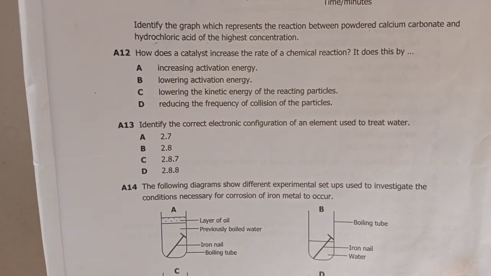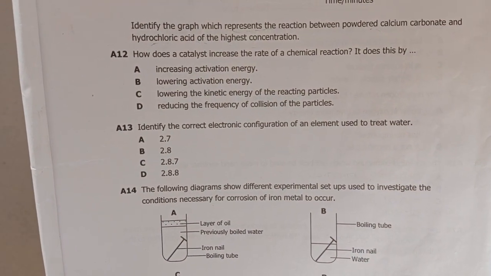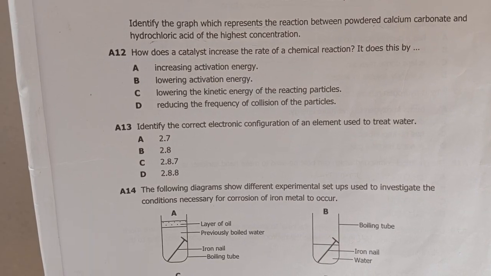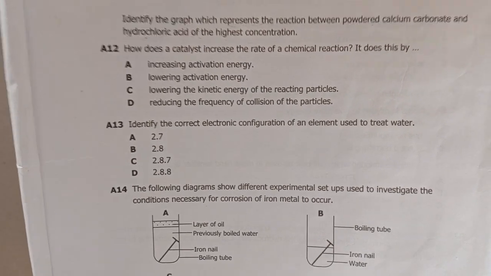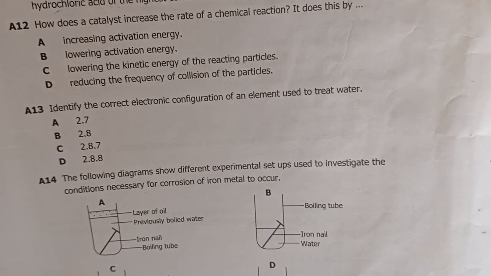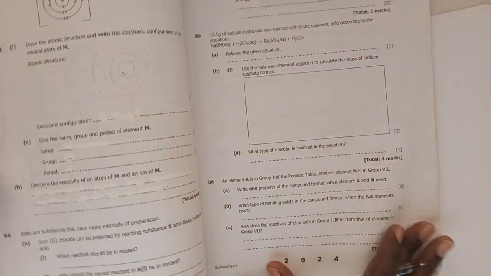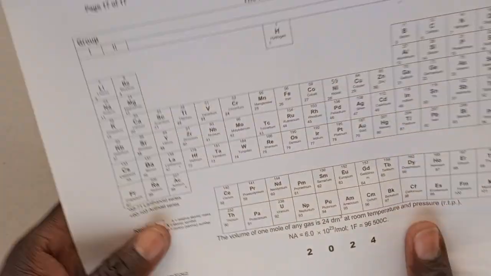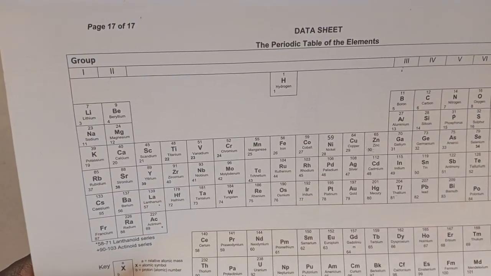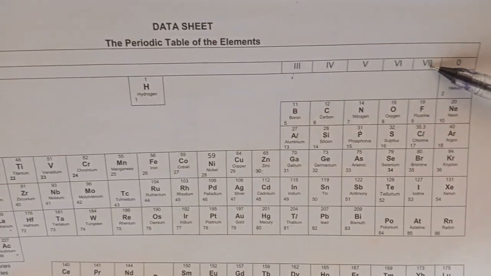What about question 13? Question 13 reads, identify the correct electronic configuration of an element used to treat water. So the question is, what is the element used to treat water? The element used to treat water is chlorine. Now, when we go to the periodic table, chlorine is found in group 7.